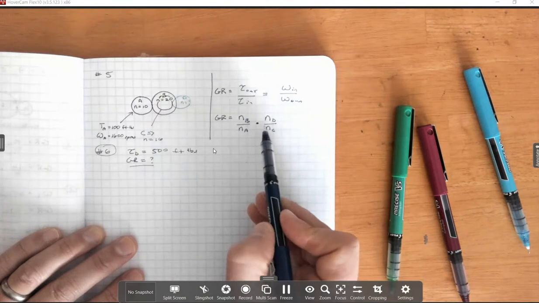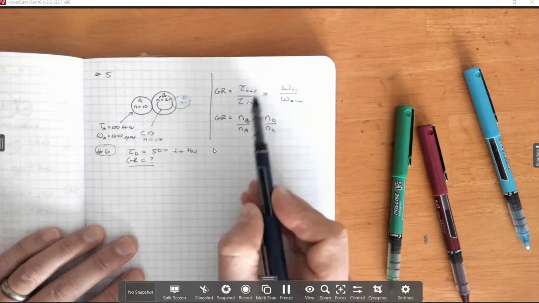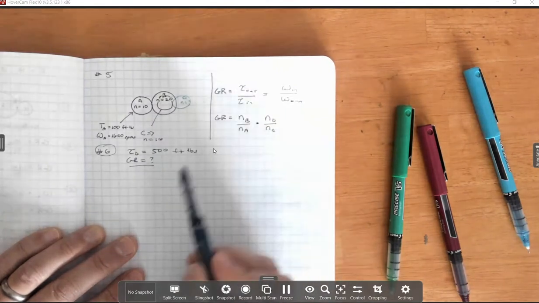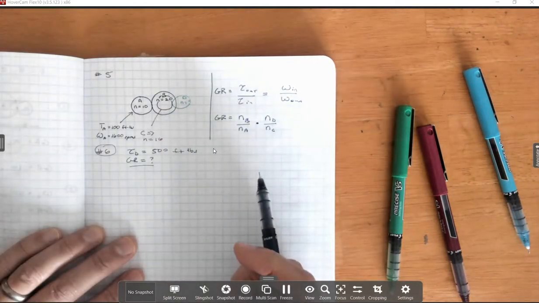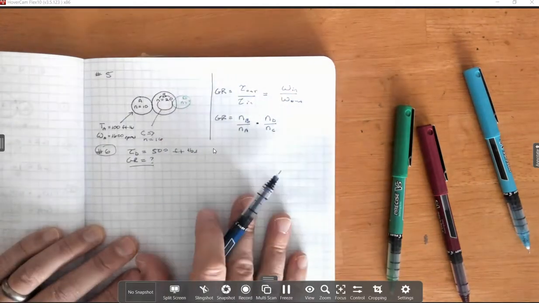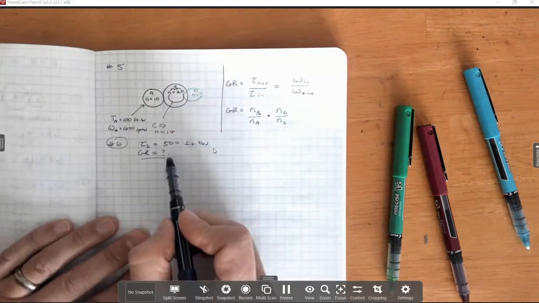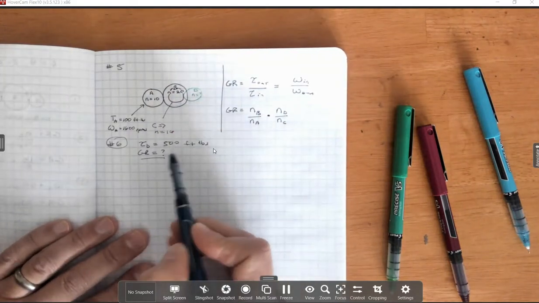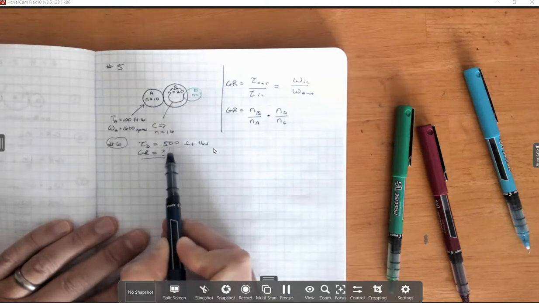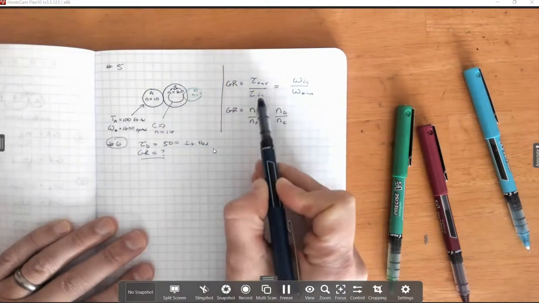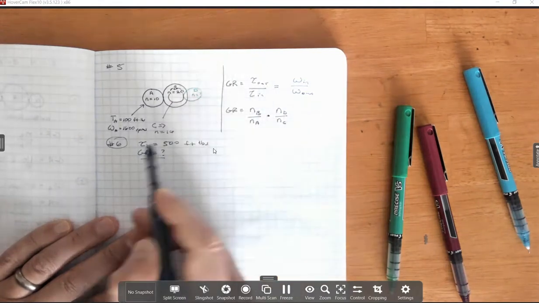Now, whether we calculate gear ratio using this method or this method, if it's the same gear train, the gear ratio should always be the same. Okay, so for number 6, because they have supplied us with the input torque and given us the output torque at D, we can use the ratio of the torques to know the gear ratio.